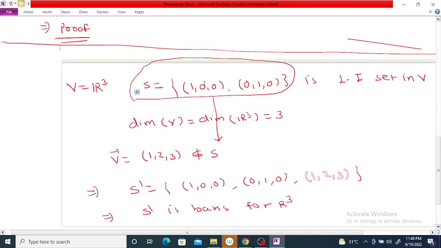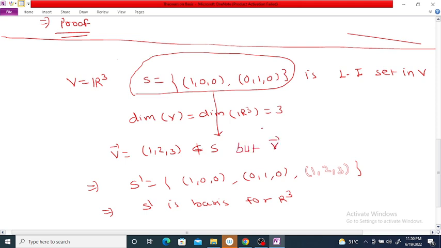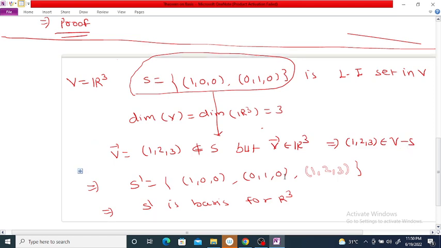Like in this example, the dimension of V is 3, and it contains only 2 vectors. So we select a vector which is outside this set S, which does not belong to S, but v bar belongs to R cube. That is, (1,2,3) is a vector belonging to V minus S, and therefore we form a new set.